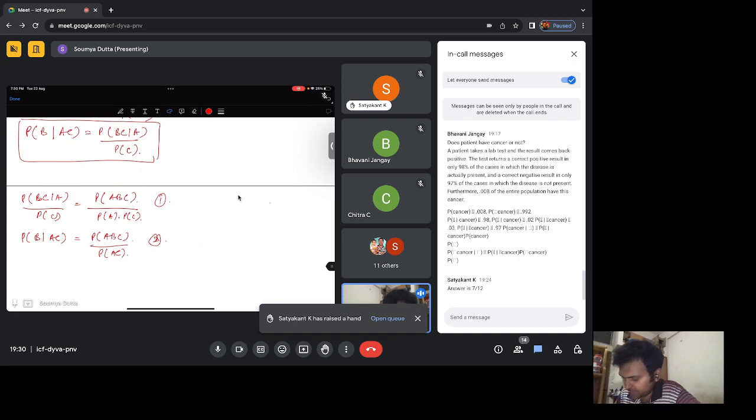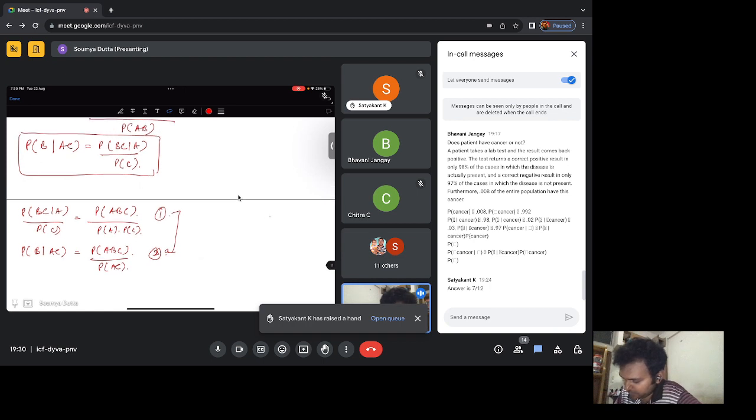Can you check once again whether A and C are independent of each other? Because it seems like, if for example you have said P of B given AC, it is P of ABC by P of AC, this is given, and the other condition is P of BC given A by PC.